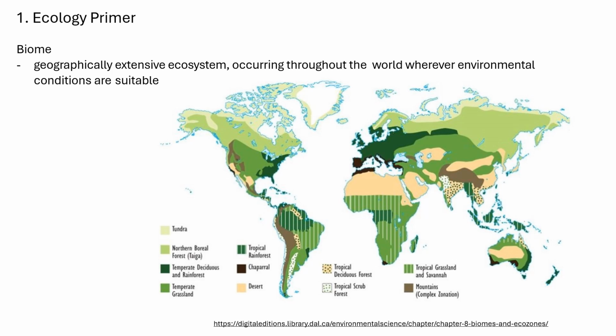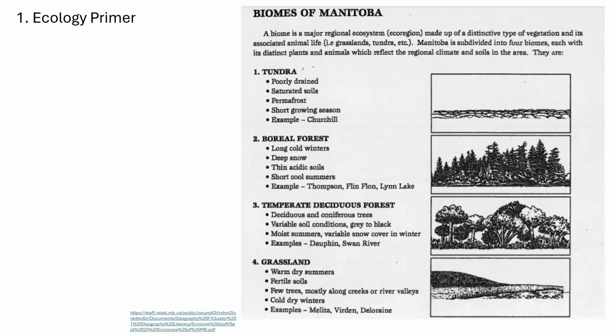If we use this term biome and look at Manitoba specifically, here we are. We see the boreal forest. Maybe some of us have had the opportunity to go north to Churchill, and we would have been in the tundra biome. Right now, maybe you're sitting and watching this at Providence, then you're in this grassland biome for the most part.